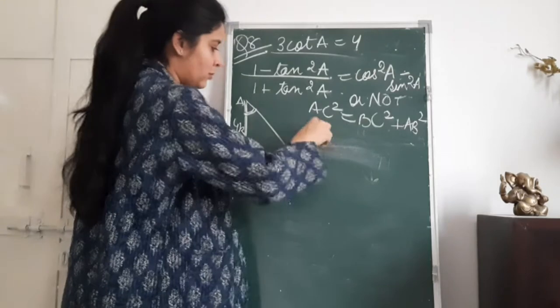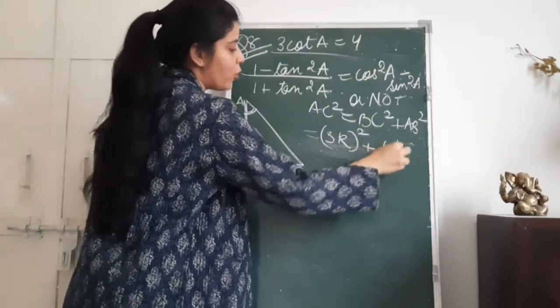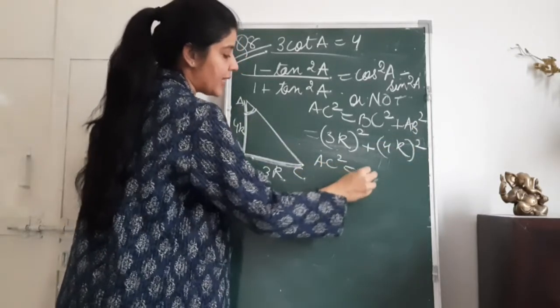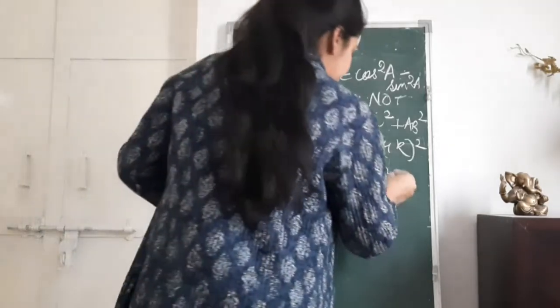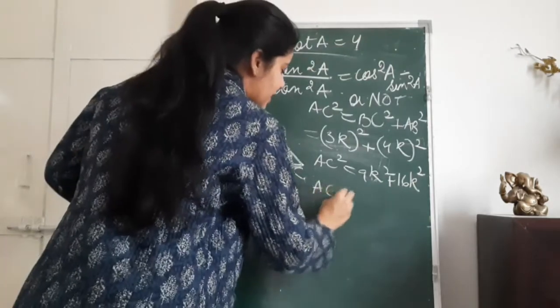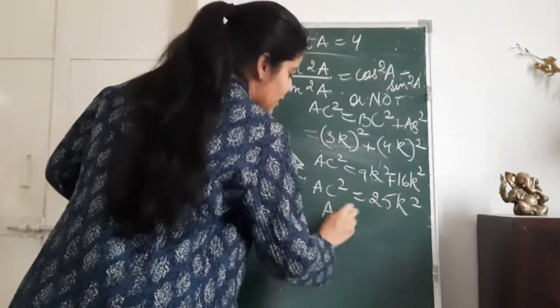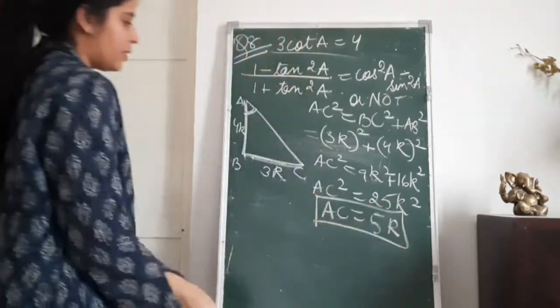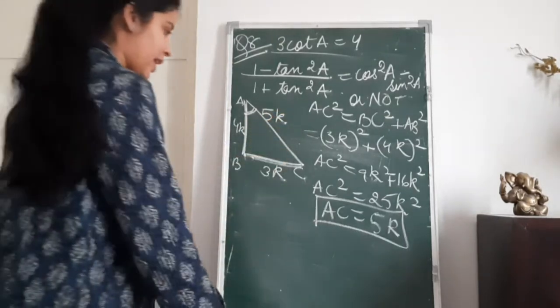BC is 3k whole square and AB is 4k whole square. That gives me AC square as 9k square plus 16k square, that is AC square is equal to 25k square. AC is equal to 5k. Putting AC here as 5k, right?